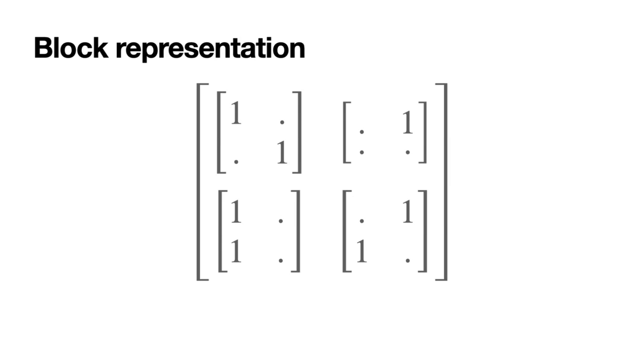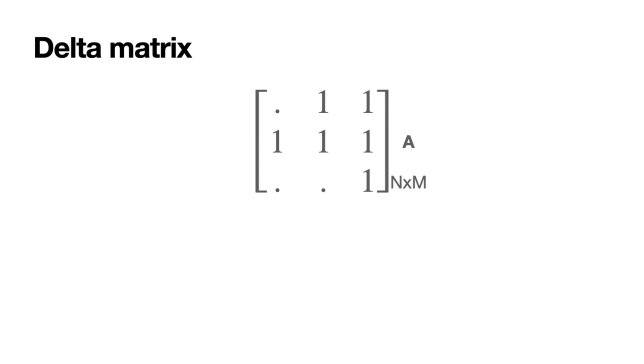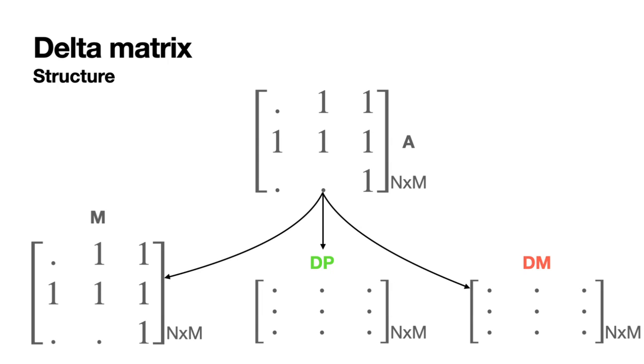And so what we ended up using is a concept that we refer to as delta matrices. The idea behind a delta matrix is to break down or represent this matrix as a set of three matrices.